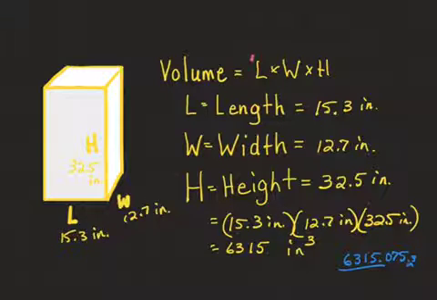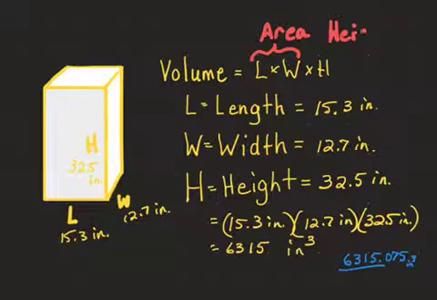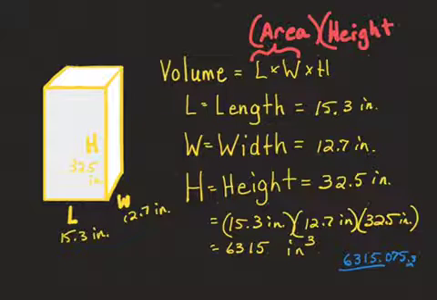So this is really like taking the area of the base, which in this case is a rectangle, and then just moving it upward for the height. So you could do area times height.